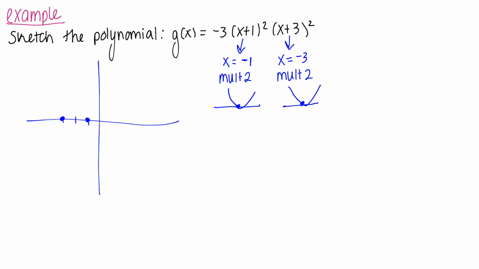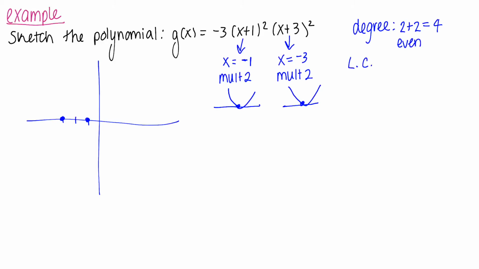Two options. Either we're using degree and leading coefficient to determine end behavior, or we do an inequality. If you're doing degree and leading coefficient to do end behavior, for the degree, you add up the multiplicities. So the two multiplicities, 2 plus 2, give us a degree 4, so it's even.